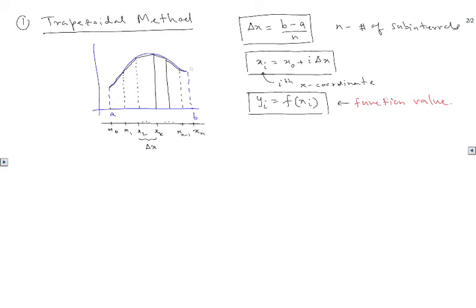Then we can evaluate the function at those points. In this case it is yk, and then y k plus 1, like that. So this is y0, y1, like that, and this is yn. Now we're going to find the area of the trapezoid.